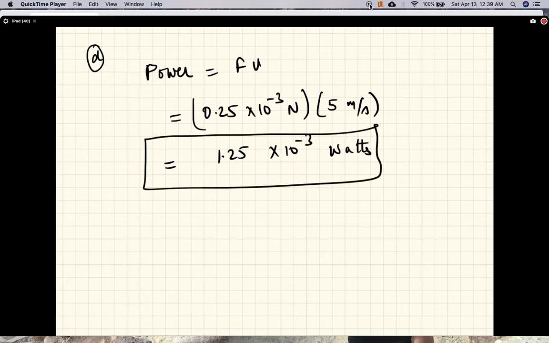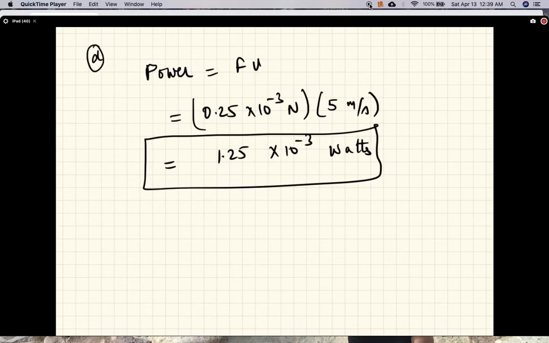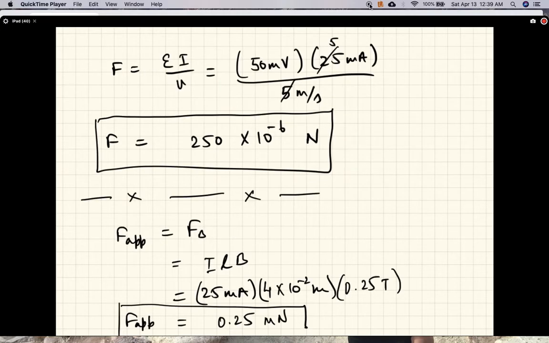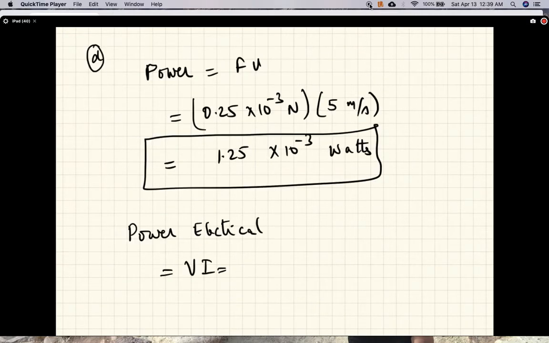Okay, milliwatts, and let's make sure that the electrical power matches that power. It is equal to VI, and the induced EMF is 50 millivolts.